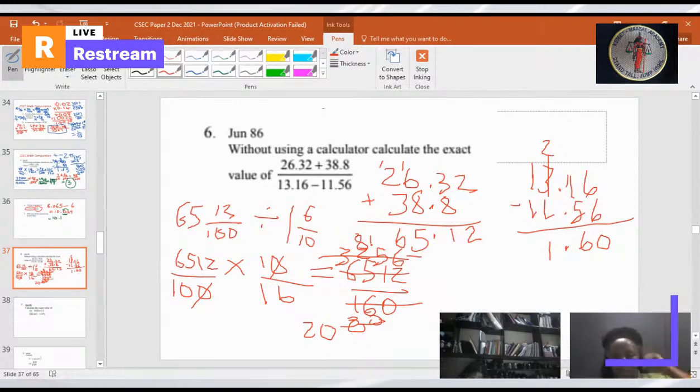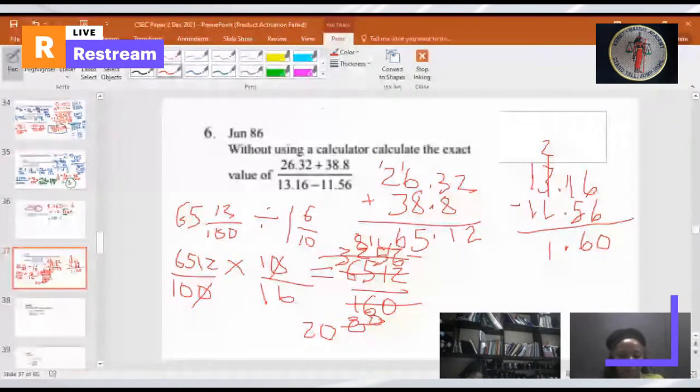Let's go again with 2. 2 into that, 10. 2 into that, 407. So 407 over 10.